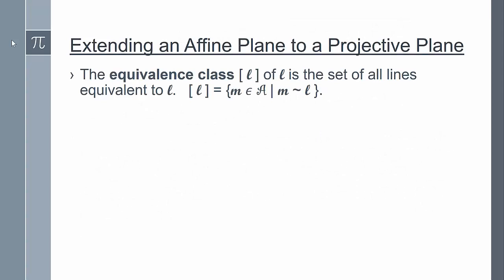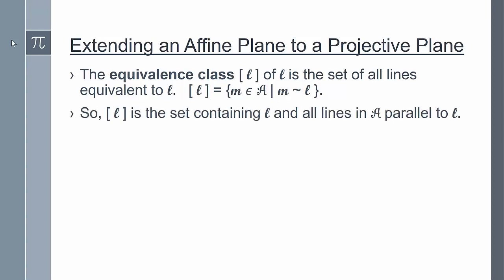The equivalence class of L, we'll denote by square brackets around L. This is a set, the set of all lines that are equivalent to L. So the equivalence class of L equals the set of lines M in A such that M is equivalent to L. Remember, that means the set of all lines in the affine plane A that are equal to L or parallel to L. So the equivalence class of L is the set containing L and all lines in A that are parallel to L.